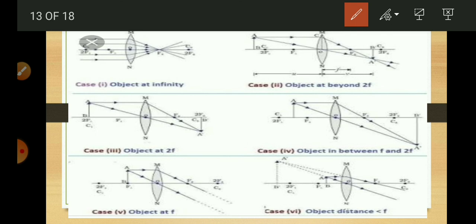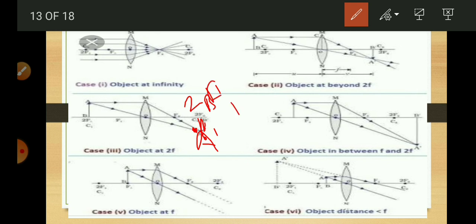In this case, the image is formed at the point of intersection, that is where these two rays after refraction meet or intersect each other. So at the point of intersection we obtain the image, that is A dash B dash. So this is our image which is formed, and the properties of the image are: the image is real and inverted, the height of the image is the same as the height of the object, and the image will be formed at 2f2, on the other side.